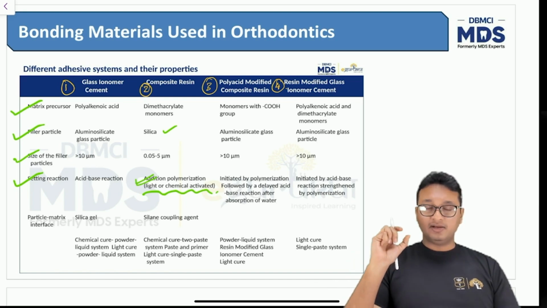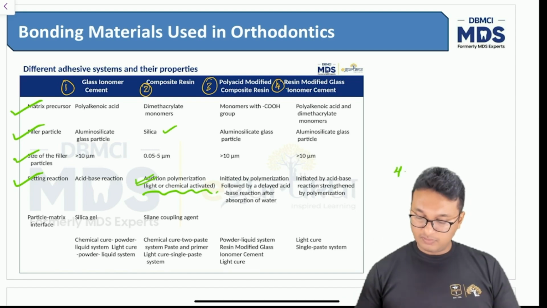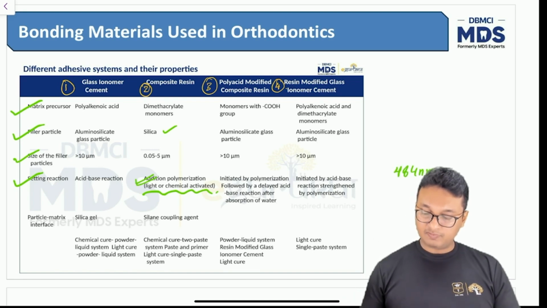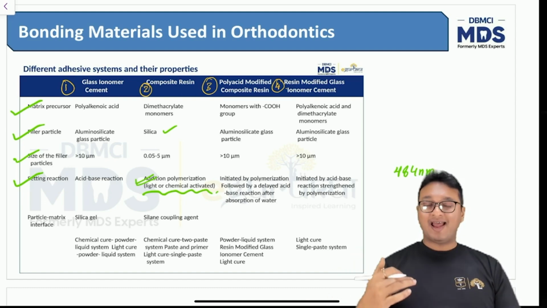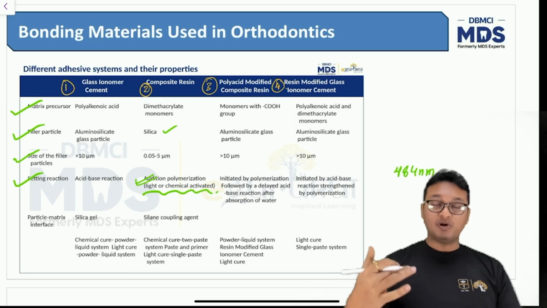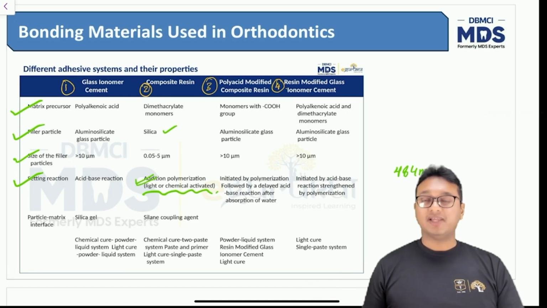You apply a blue light wavelength of 484 nanometer onto the composite resin, and this blue light activates the polymerization reaction within the adhesive.